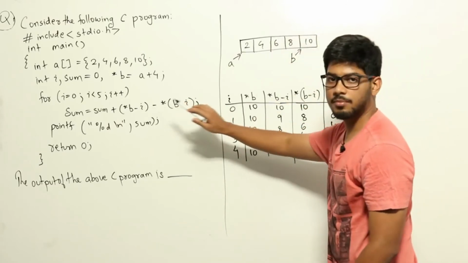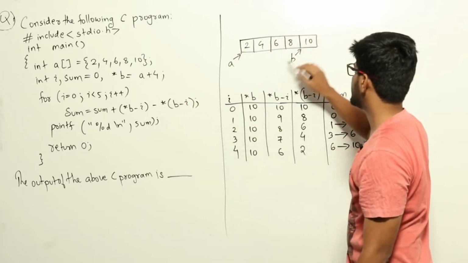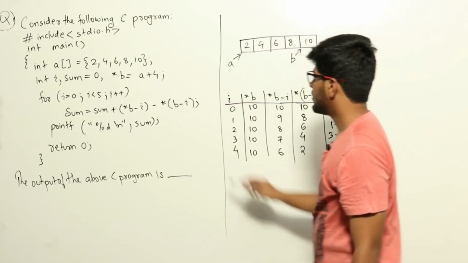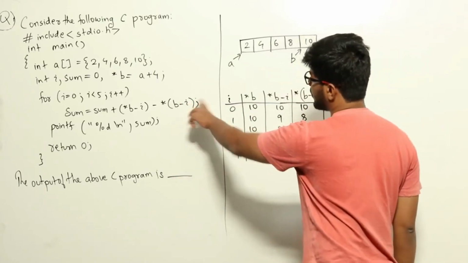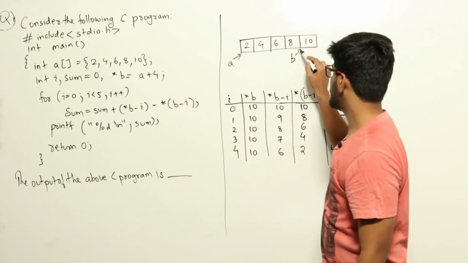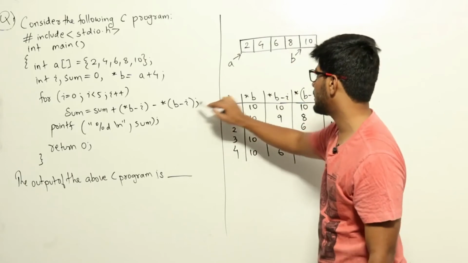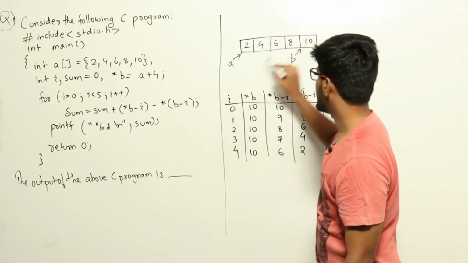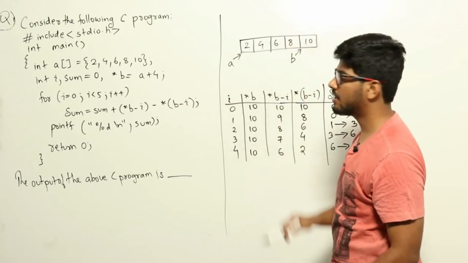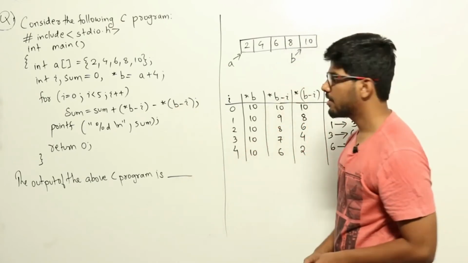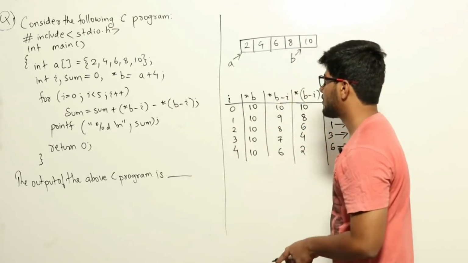So star of B will be returning the value inside this cell, that is nothing but 10. Star of B will be returning 10, and B minus i will be depending on i's value. It will be pointing to some location somewhere inside this array depending on i's value, and then star will be returning the value inside whichever cell B minus i is pointing to. So we'll go through these one by one.